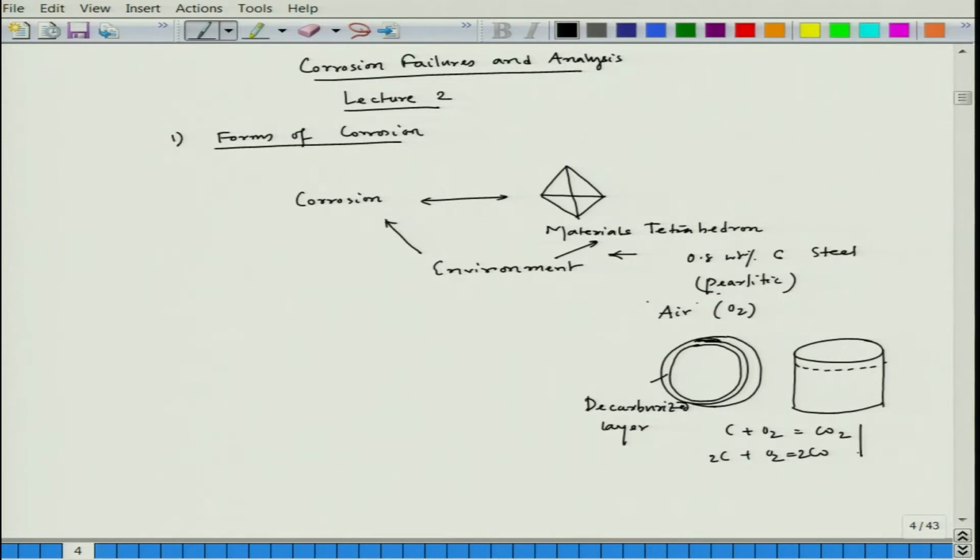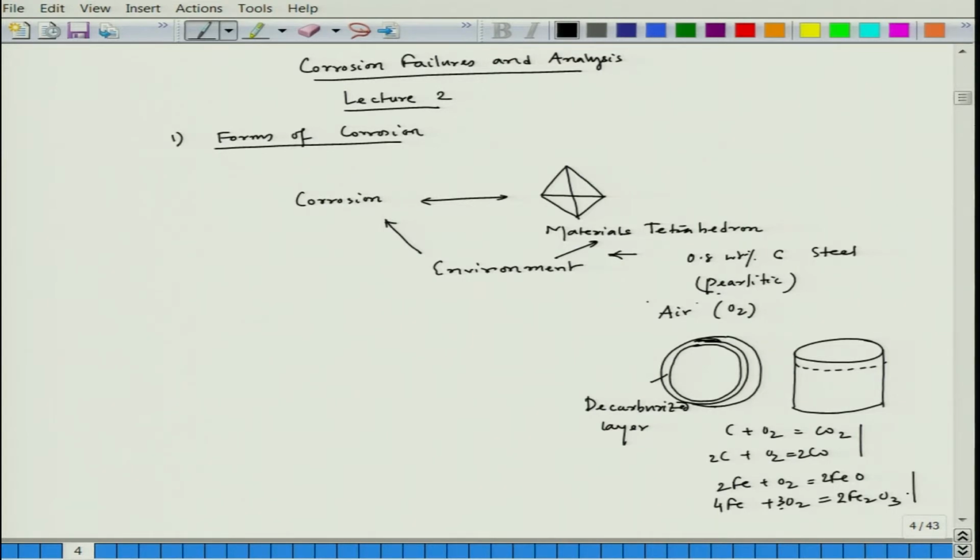So, these two reactions can happen, and of course there will also be reactions of iron, forming FeO, and 4Fe plus 3O2 equal to 2Fe2O3, which is balanced.